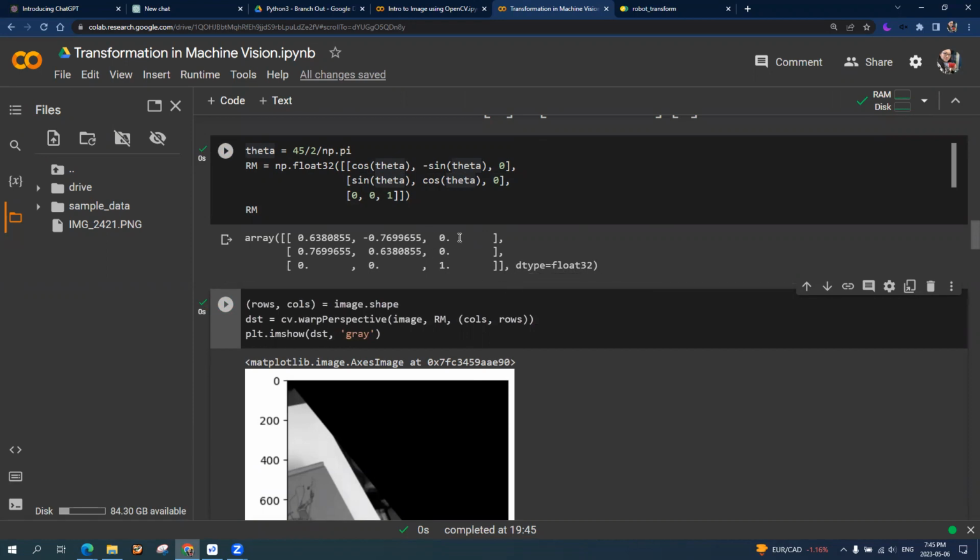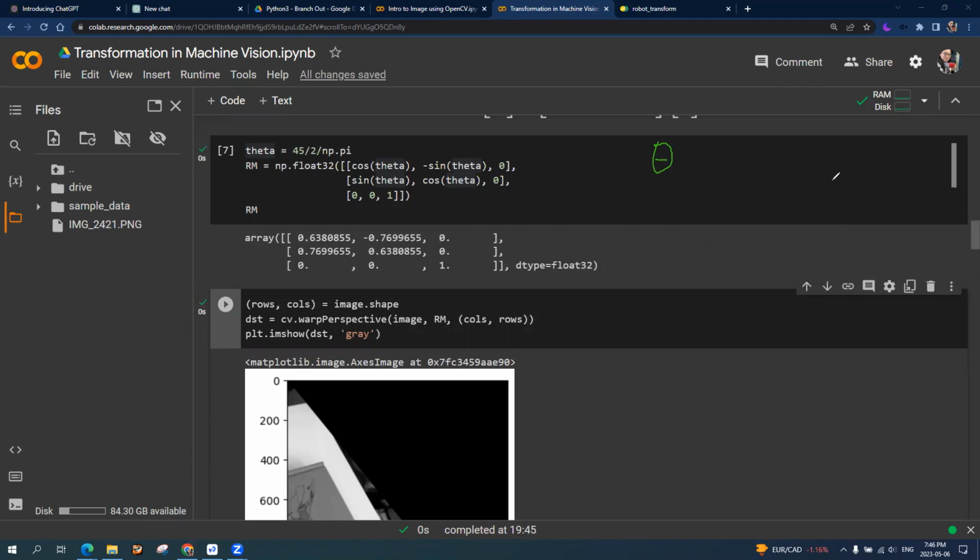What does theta mean? Theta is a Greek symbol. Usually in math, we use Greek symbols to represent angles. Whenever you have an angle, people like to use a Greek symbol. Theta is this. Does it ring a bell?